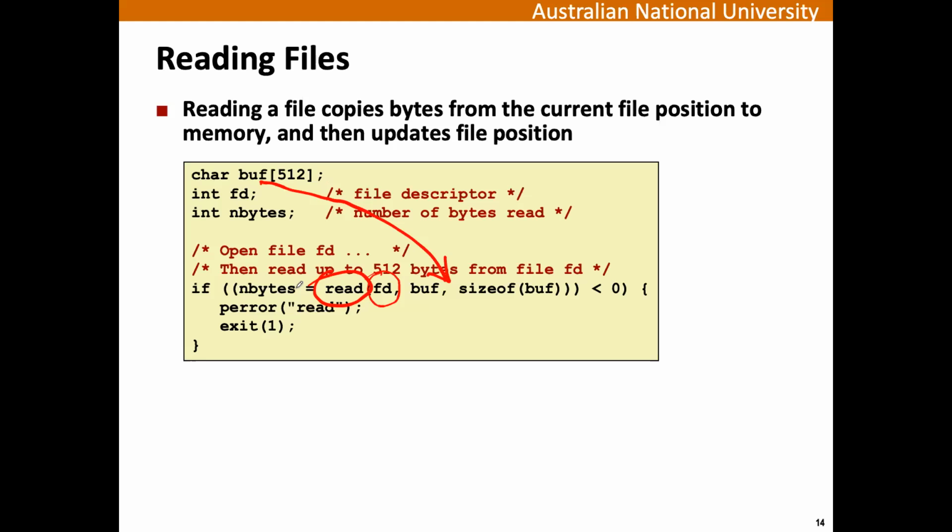The idea of buffer in today's lecture is quite important. So remember that a buffer is an array where you want to store the contents of the file. In this case, this buffer is created by the programmer.